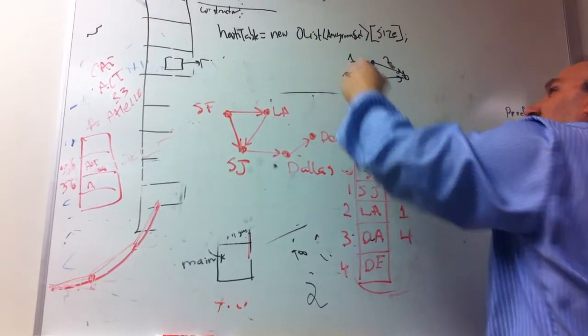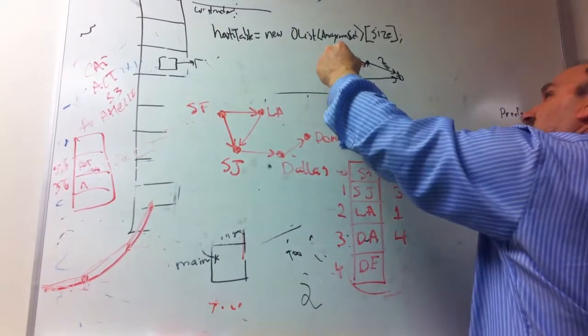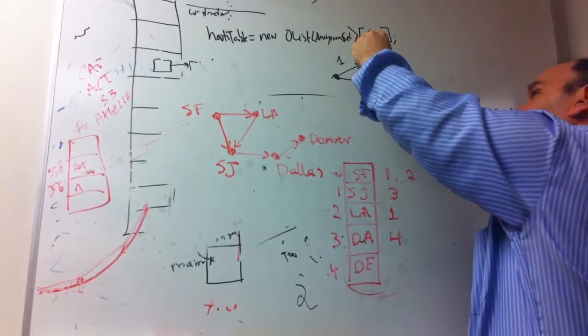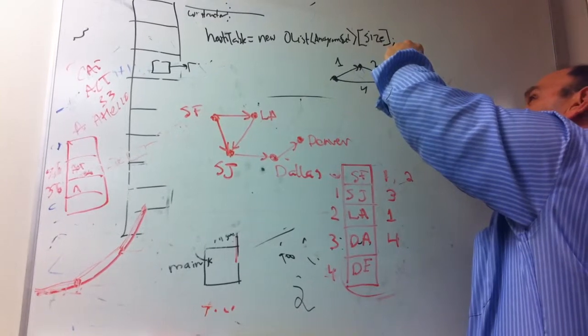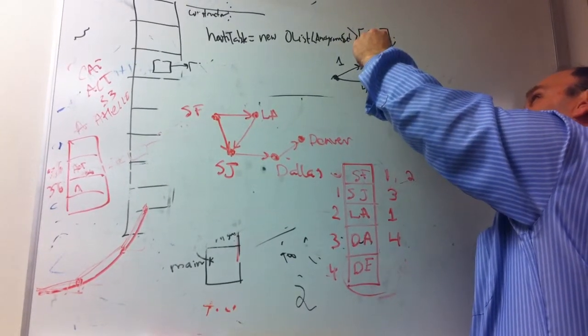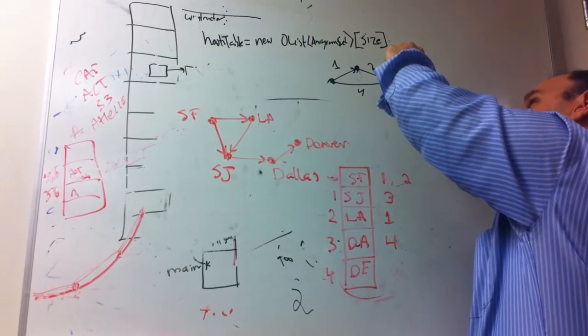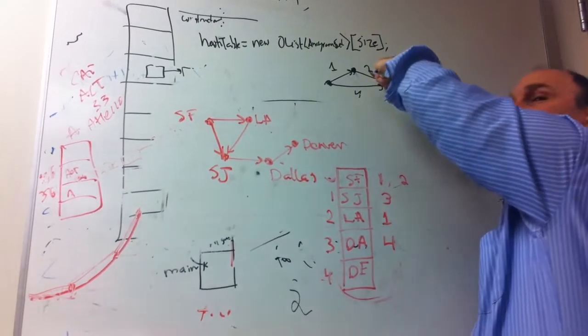So you start here, and then you add these two vertices. The distance to this one is 1, the distance to this one is 4. Then you add this one, and you find out, oh, I get from here to here in another 2, so then you update the distance to this.